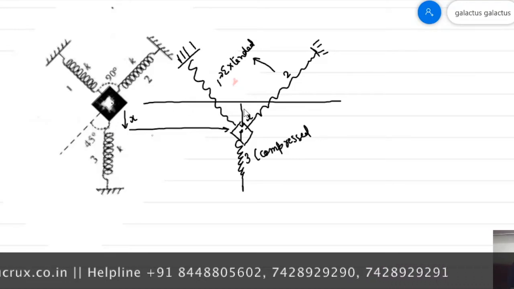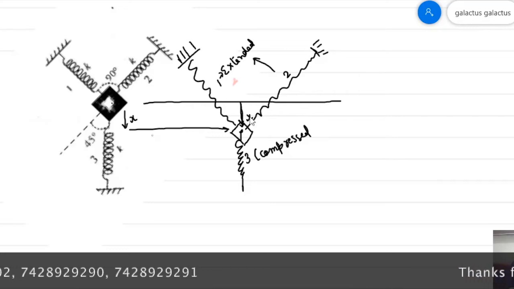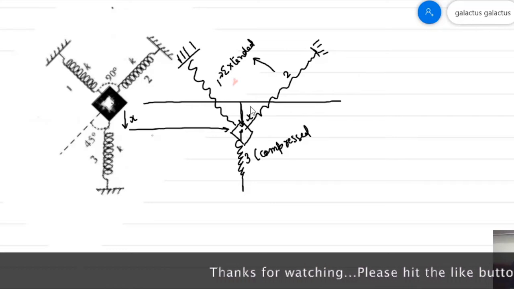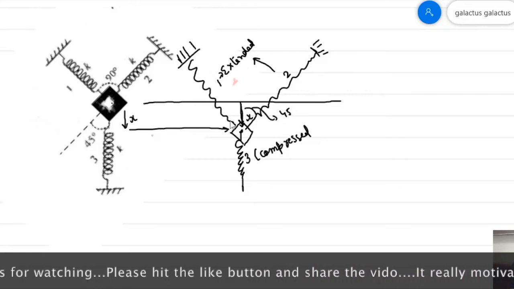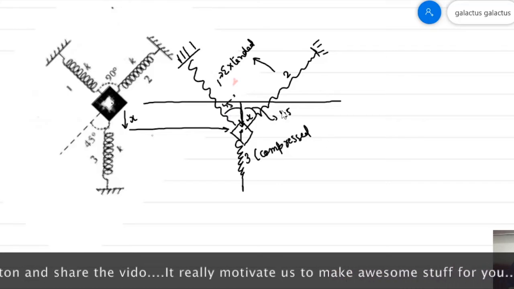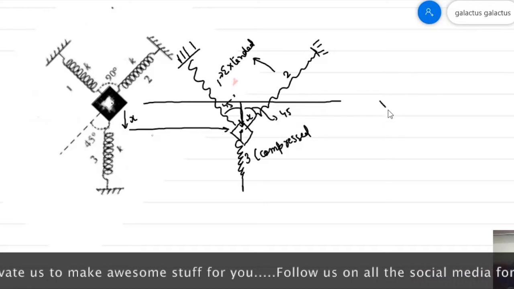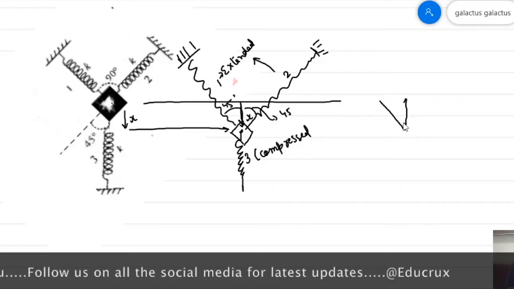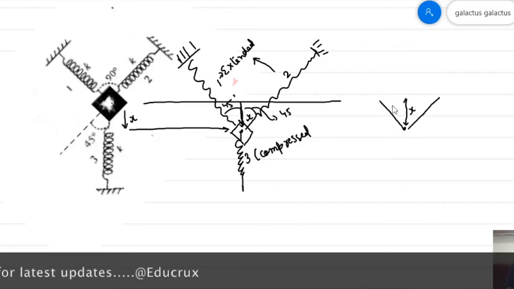So let us suppose that x is the distance by which spring 3 is compressed. This angle is 45 degrees and this angle is 45 degrees.